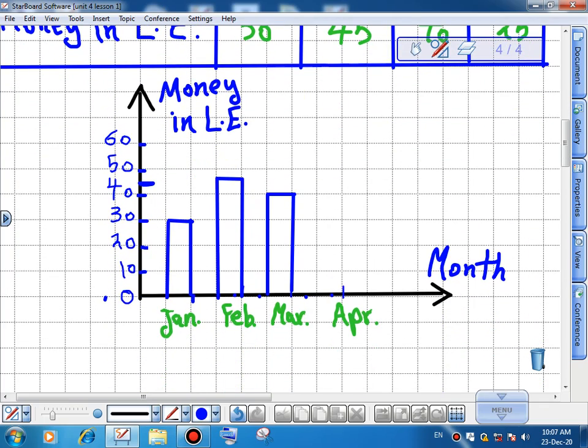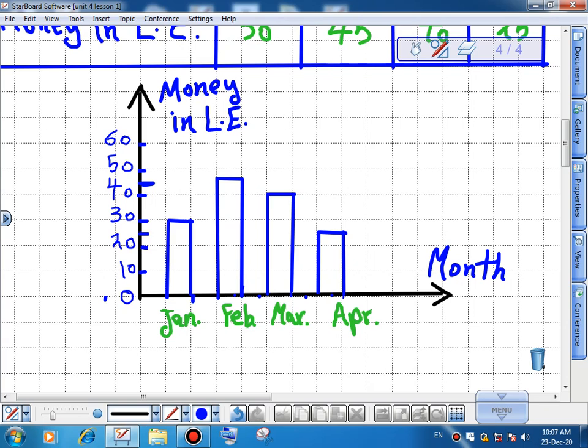25 is not written on this scale. I have 20, and after that, 30. So 25 is lying between 20 and 30. We draw a line between 20 and 30 for April, like this, and close it to make a bar like this.